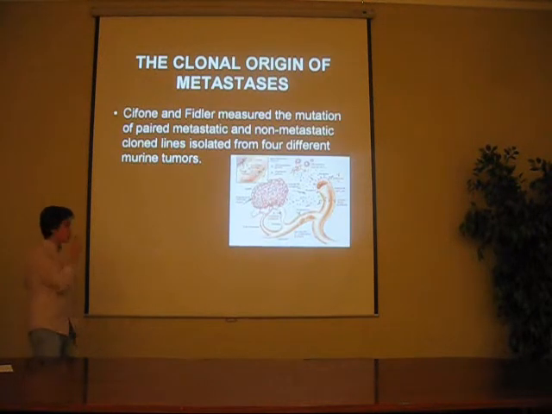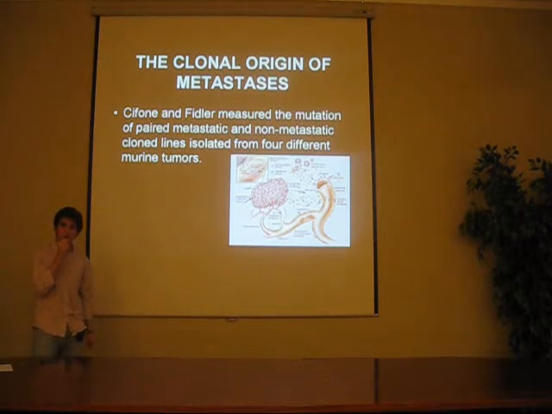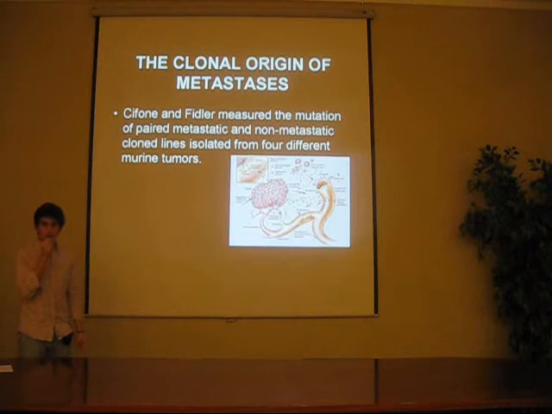To test that hypothesis, Cifone and Fidler measured the mutation rate of metastatic and non-metastatic clone lines isolated from 4 different murine tumors. They found that highly metastatic cells were phenotypically less stable than their benign counterparts.